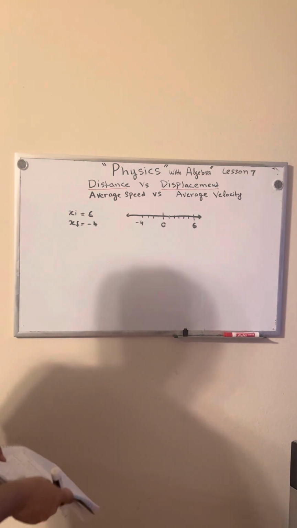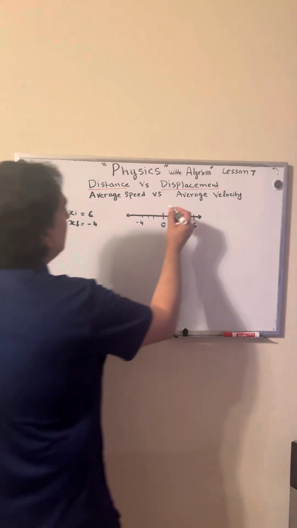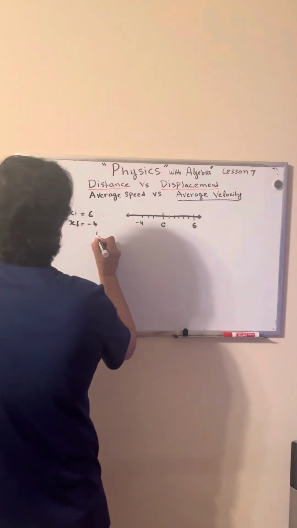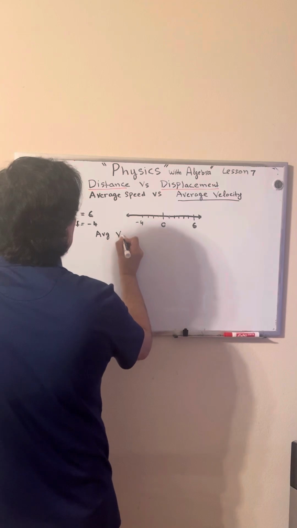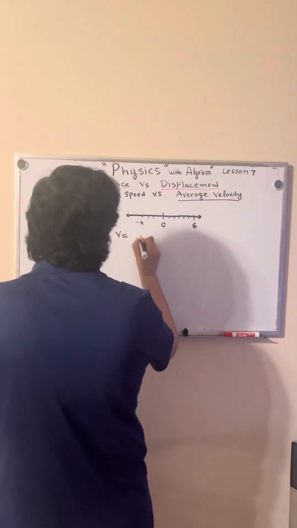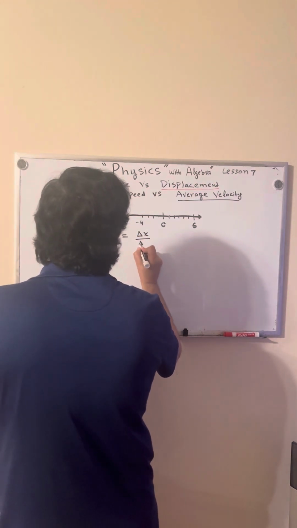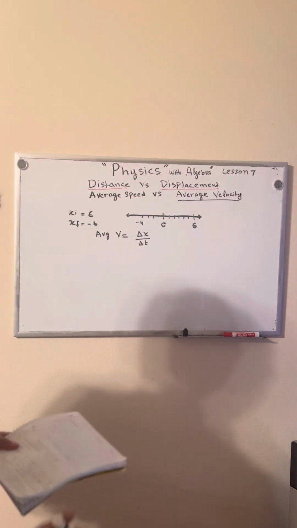So now, what we need to do is first of all find out what is average velocity. If you recall from my last lecture, average velocity is equal to delta x, change in x, over delta t, change in time. All right, that makes sense?